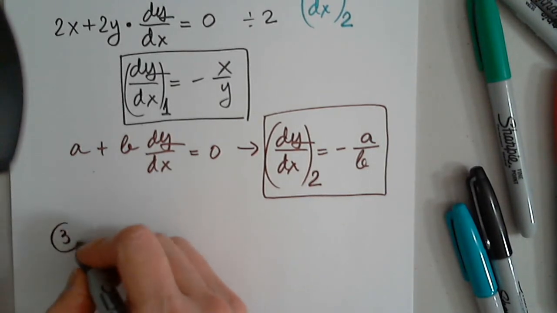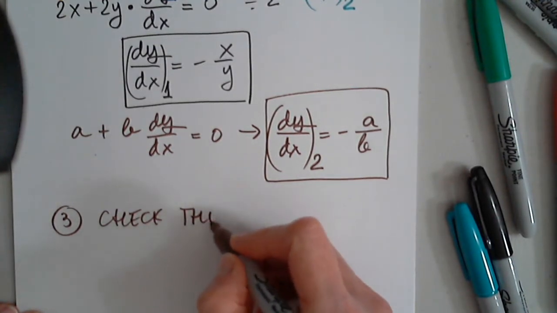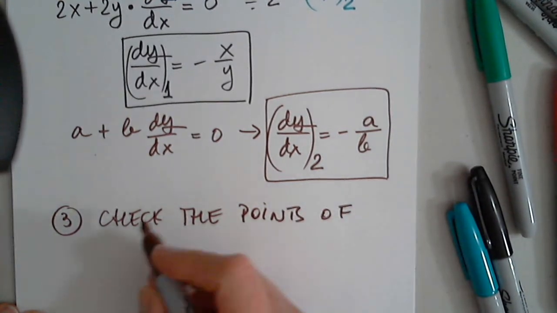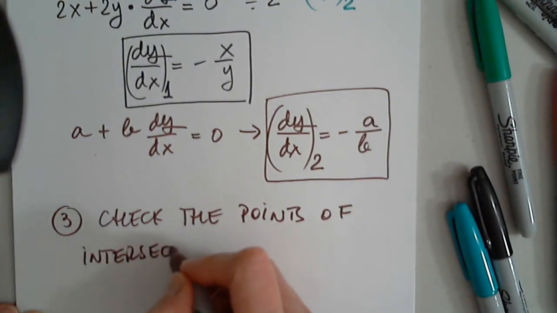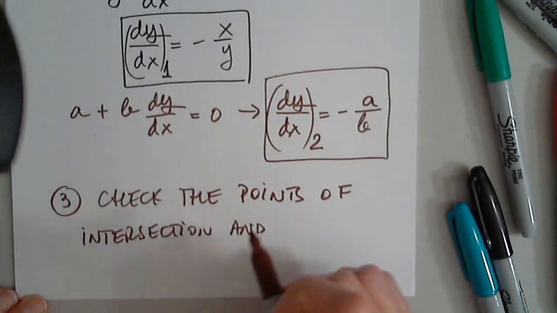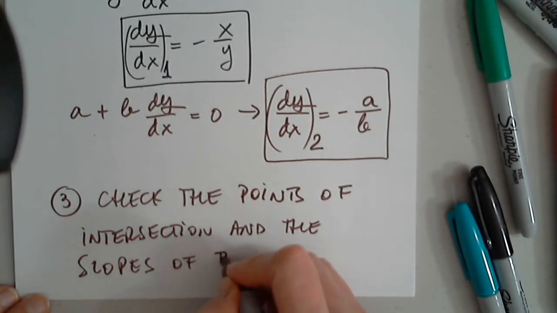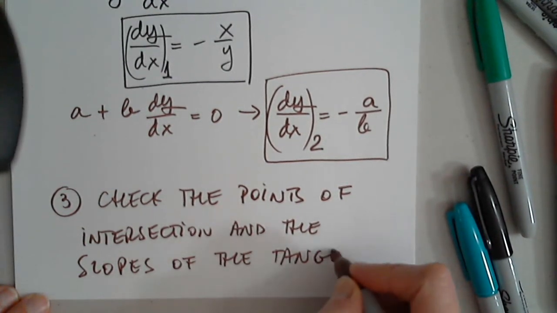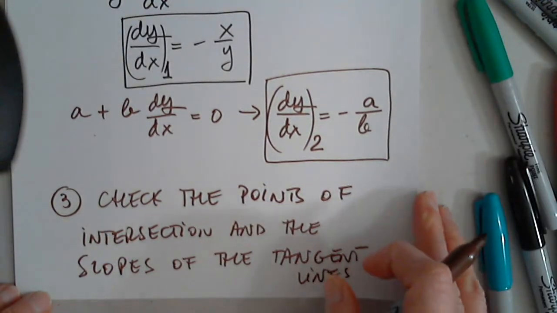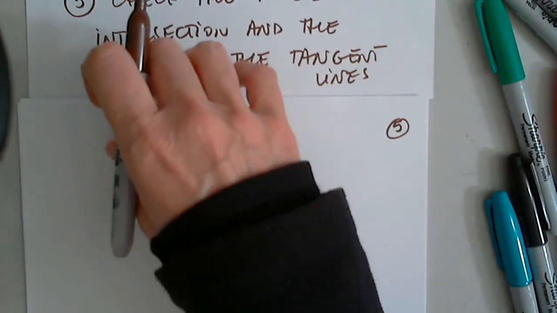Okay, in step number 3, I check the points of intersection and the slopes of the tangent lines there. So we have 2 points of intersection.